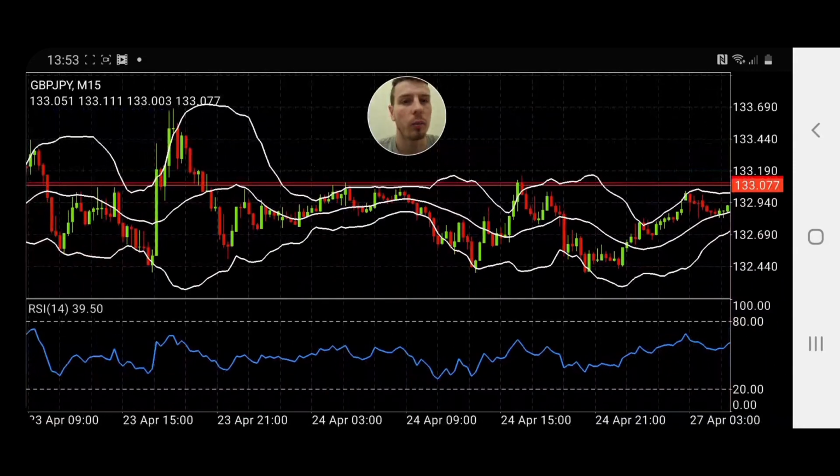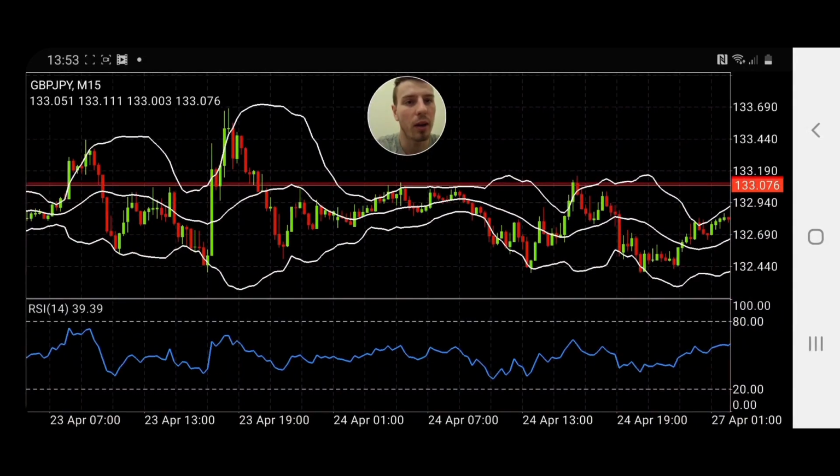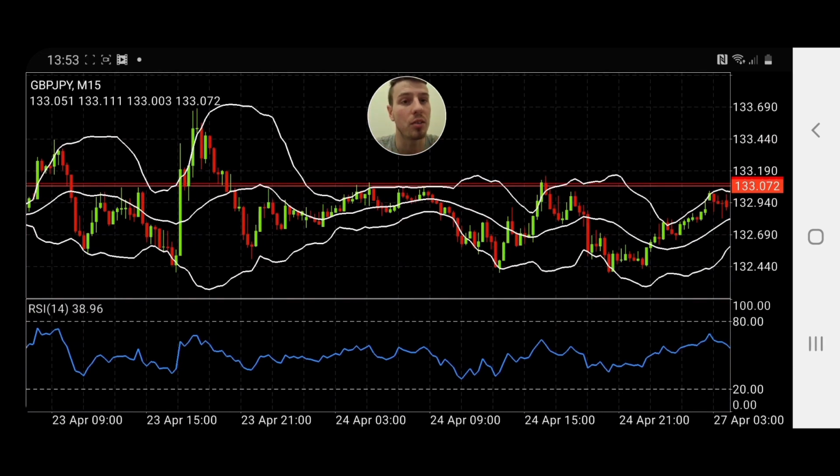So if we go further back, we can see here where it's gone quite thin. The market's moved sideways, so there wasn't much action going on at all, and then suddenly there was a breakout downwards. And there you can see the Bollinger Bands opening up, and the price gets more volatile as we go along there. So here we can also see how you could trade with the Bollinger Bands.